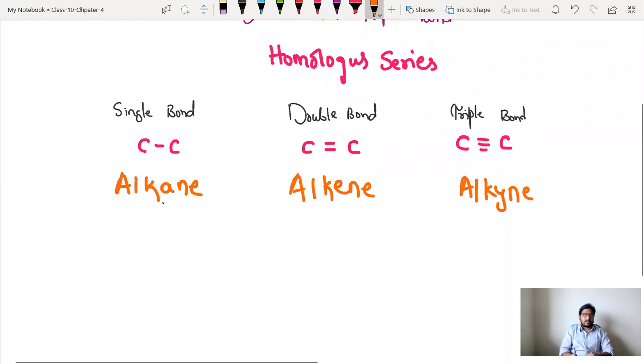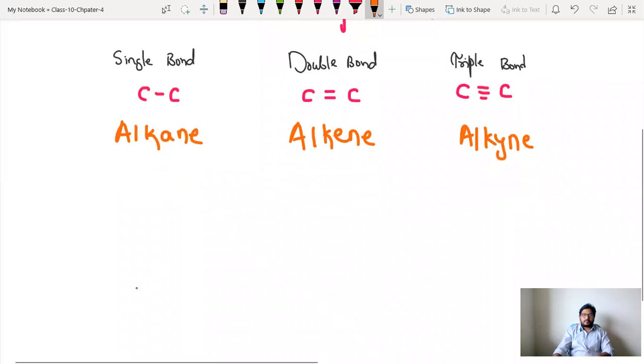Alkane represents homologous series of single bond. Alkene represents homologous series of double bond. Alkyne represents homologous series of triple bond. Just names. In next lecture, definitely I'll tell you. Just remember. Now, here this alkane, alkene, alkyne.